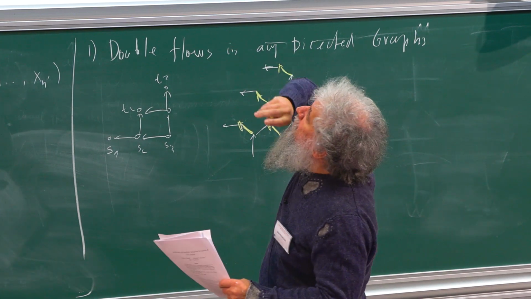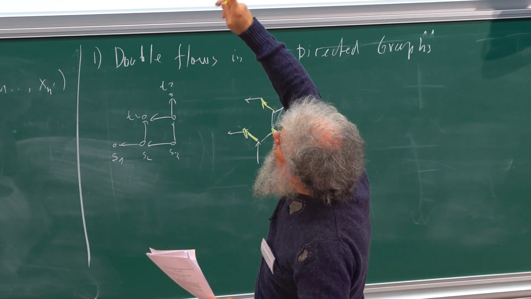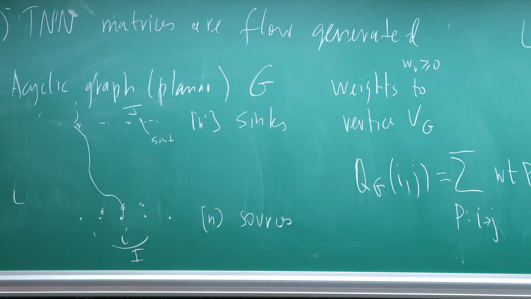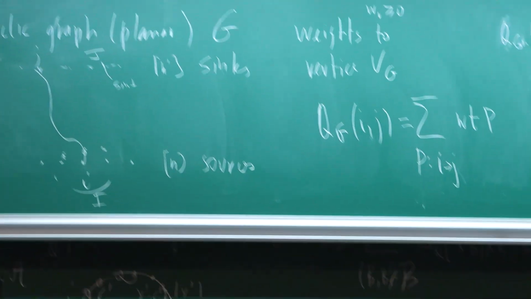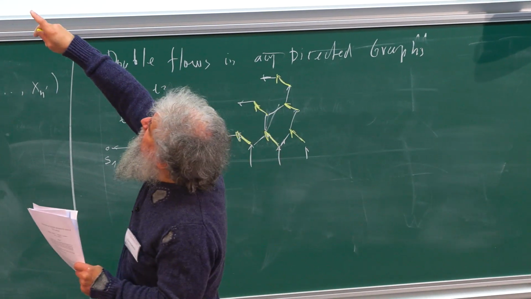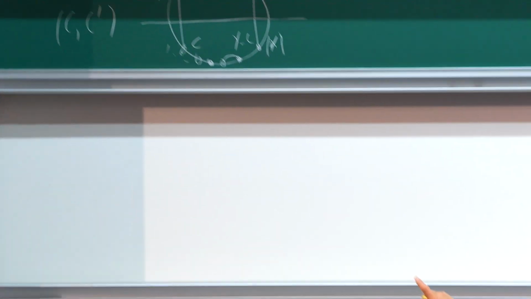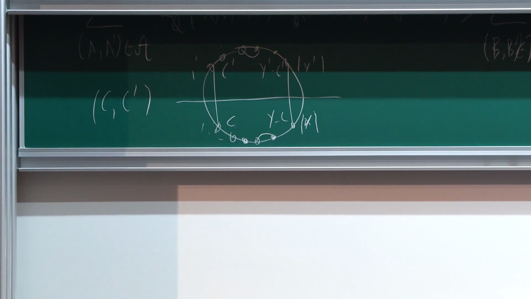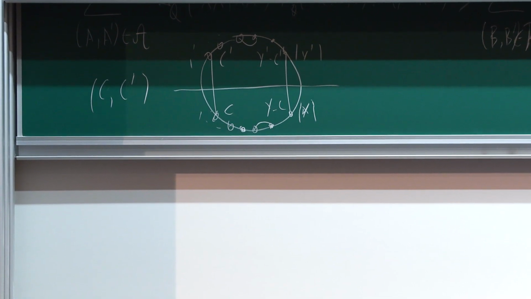If we have a flow for our matrix Q, then we modify the graph in this manner, and with these two sets we get this C and C prime, and then we have a set of sources which would be white for one term.